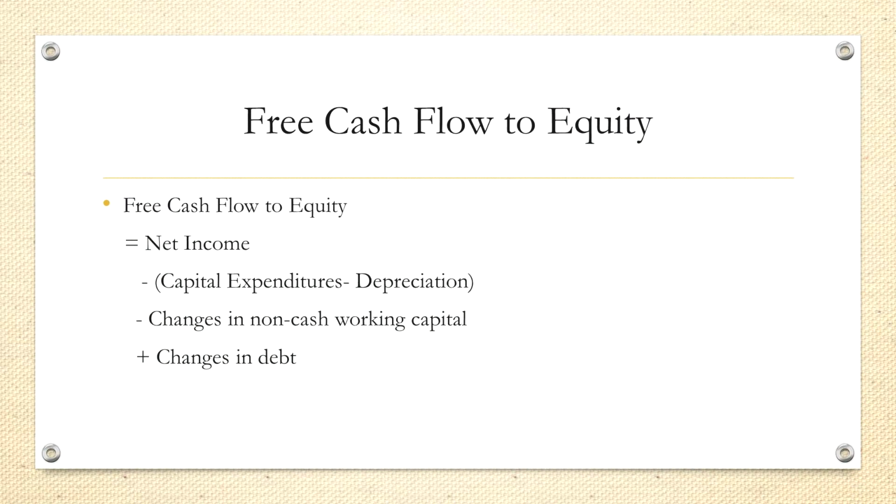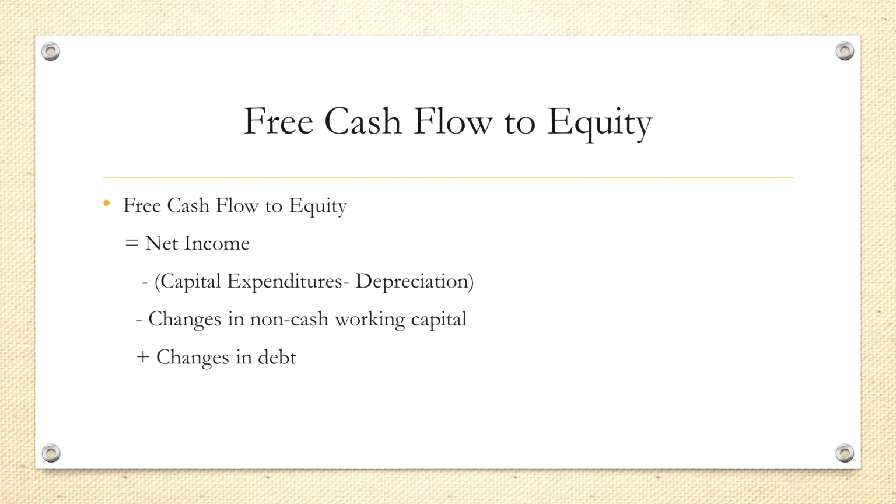How do you estimate free cash flow to equity? Well, you have four items to consider. First one is net income. Net income is the source of cash belonging to shareholders. Then minus the necessary capital reinvestment, and that is capital expenditure, plus depreciation and amortization. Why plus? Because depreciation and amortization was excluded from the calculation of net income, and when you look at cash flow, you need to add it back.